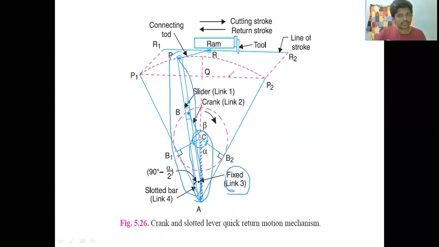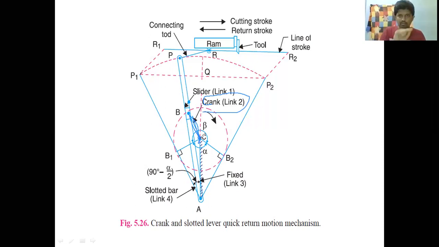Now the next one: we mentioned we have a crank. This is our crank link 2. This is our crank link BC, which is rotating about the fixed point C. It can rotate around the fixed point C. BC is our crank.